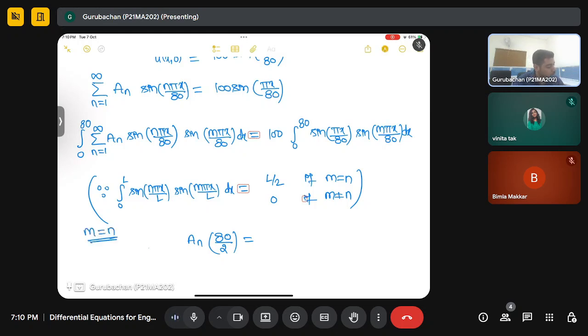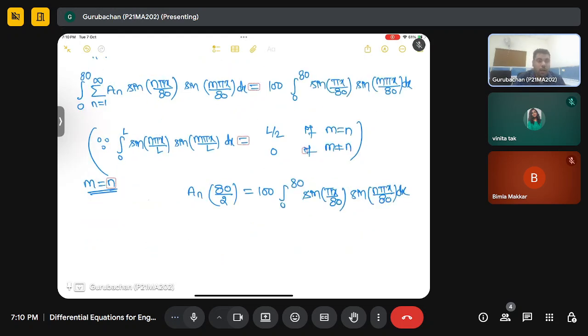Okay, so you are left with this, calculate this right hand side integral. So this is sine pi x by 80 into sine n pi x by 80, since m equal to n, so we may replace m with n.